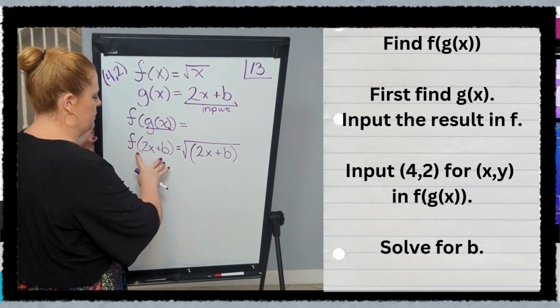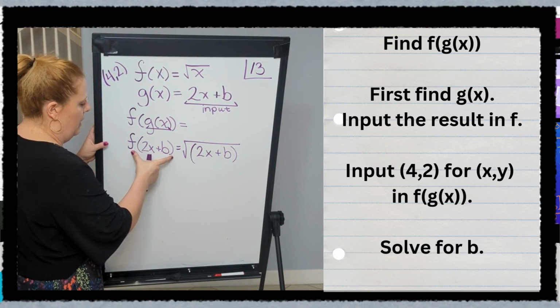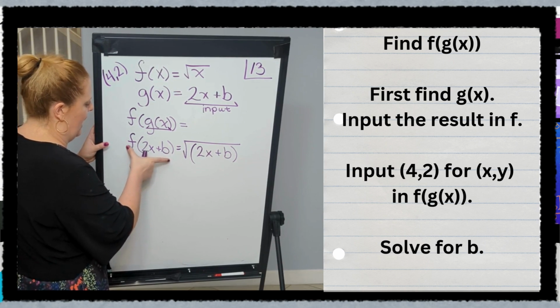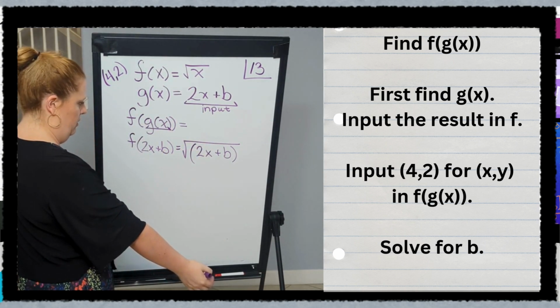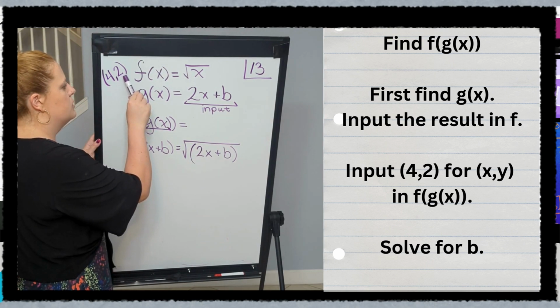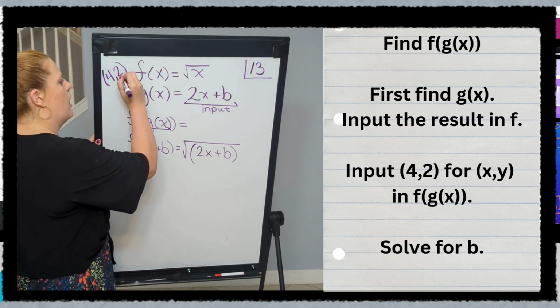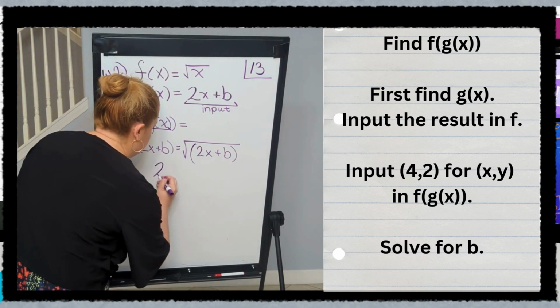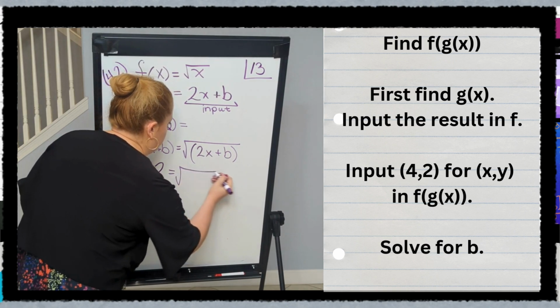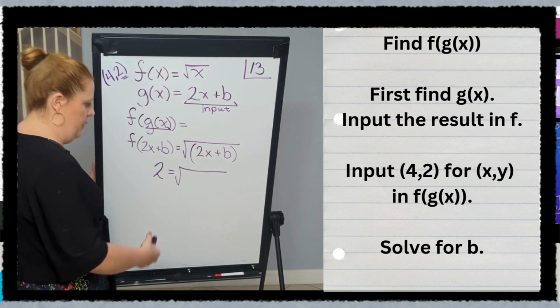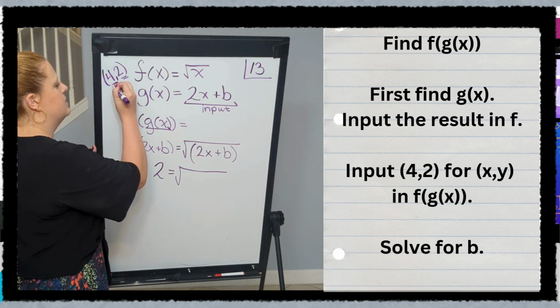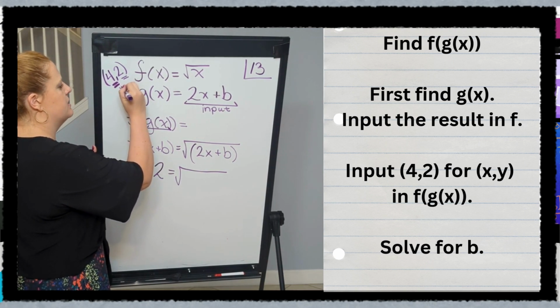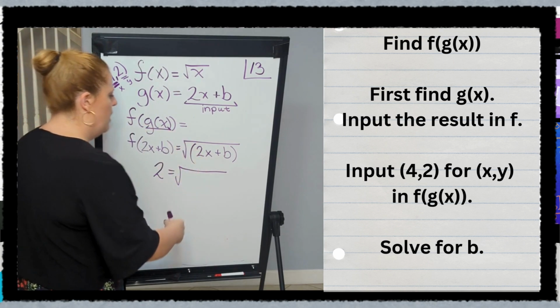Remember, f of 2x plus b, we can look at this like it is our output. In the (4, 2) that it gave us, our output is our y, of course. And our input is the 4, that's our x value.